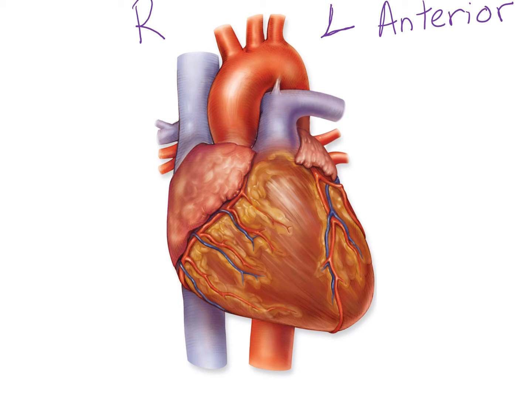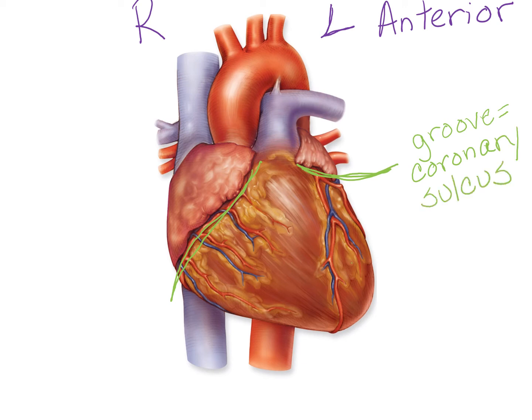So chambers are divided. You can see blood vessels dividing the chambers. So you have this group of vessels that run here and here. They are in a groove called the coronary sulcus. Remember sulcus from the brain? The groove. That divides the atria, or the two superior chambers, from the ventricles.